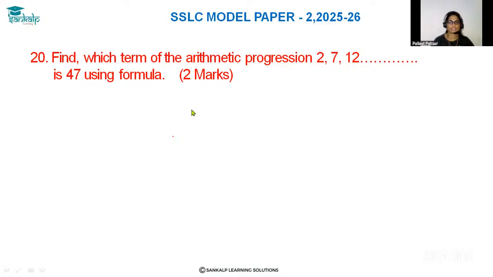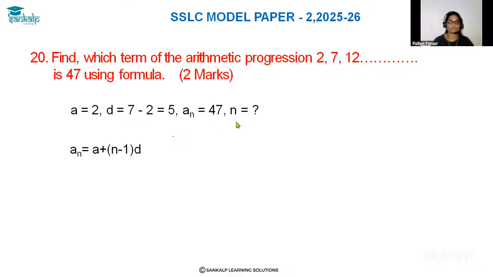So here the first term a is 2 and d is the common difference, 7 minus 2, which is equal to 5. So the nth term an is equal to 47. So we have to find n. Okay, so which term of the arithmetic progression is 47?